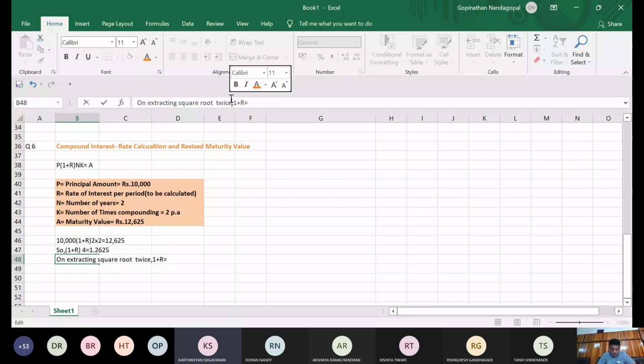In the compound interest formula, the value of K also matters while taking the rate, right? Yes, I absolutely accept it. But what I'm doing is I'm extracting the square root twice. Should it be R by 2 or not? No. It should be 1 plus R only. That is why I just wrote that word extracting. You understand?